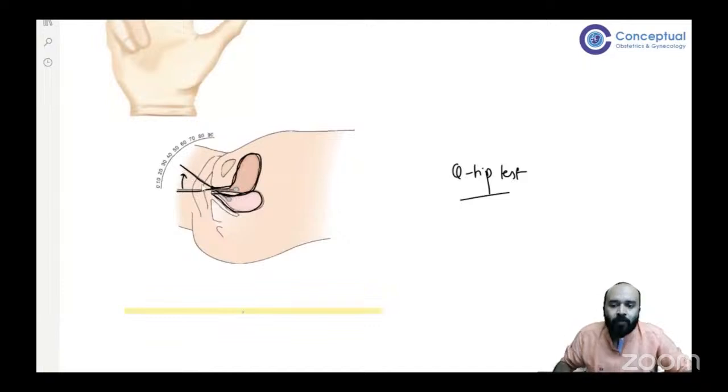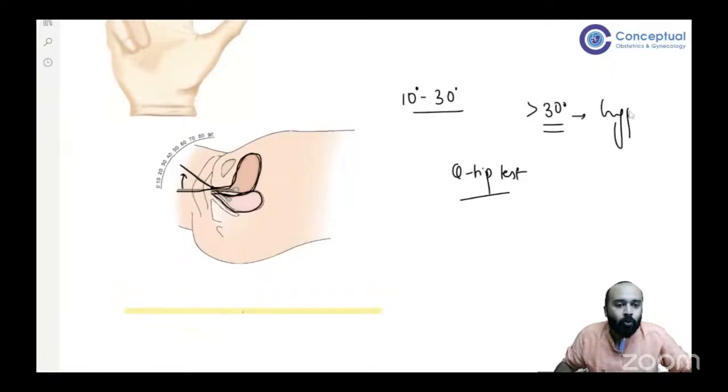This is a physiological movement that happens in every female, and it is usually between 10 degrees and 30 degrees, measured with a goniometer. This is a normal movement whenever a female coughs. But if this movement is more than 30 degrees, it indicates that the urethra is moving excessively and there is hypermobility of the urethra.